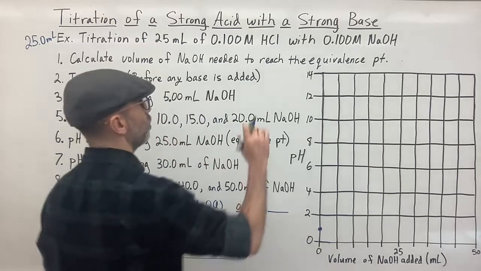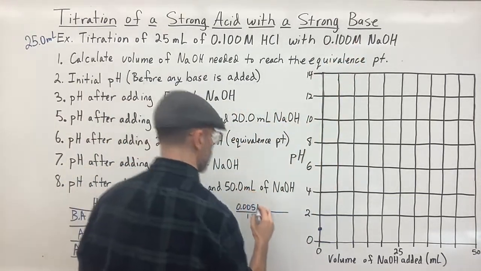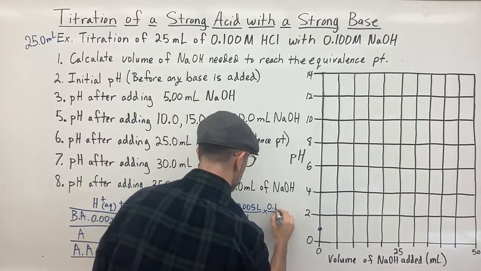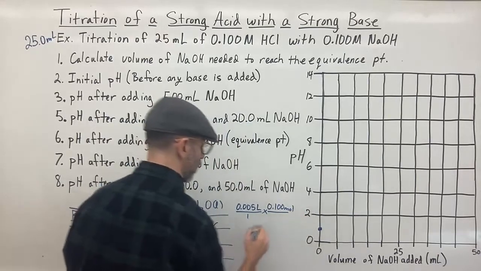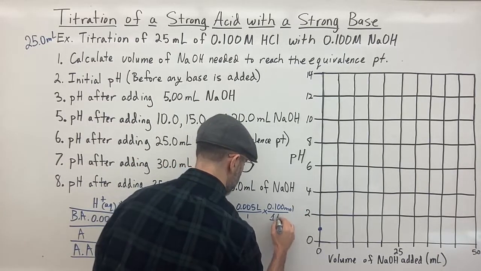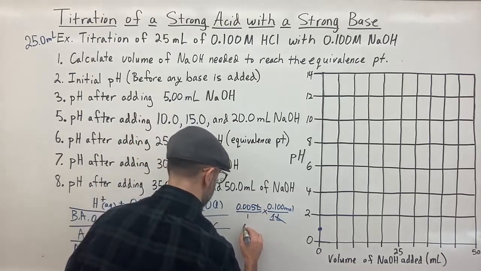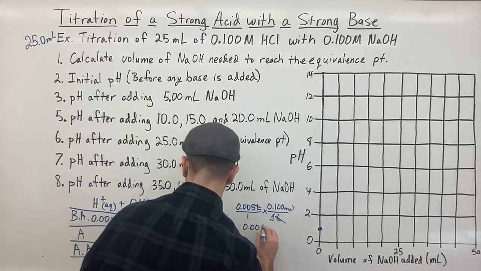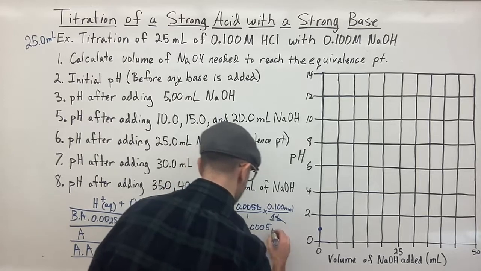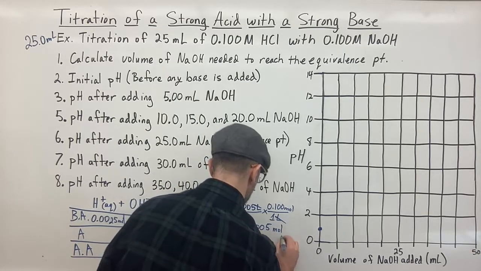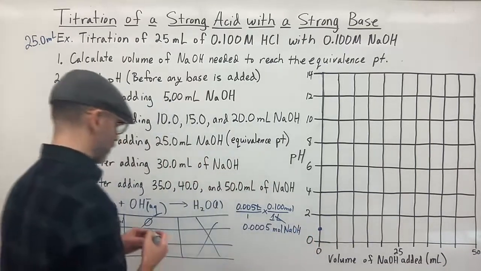And then we have the molarity of our OH concentration, 0.100 moles of our NaOH over 1 liter. So liters cancels out, and what we end up with is 0.0005 moles of our NaOH.